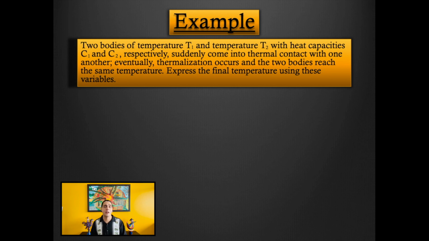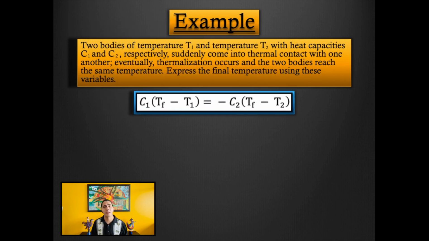So they want us to develop an expression that represents the final temperature in terms of T1, T2, C1, and C2. The way we solve this is by using conservation of energy. If I multiply a change in temperature by the heat capacity, then I get the change in energy. So whatever energy is lost by one object has to be equal to the energy gained by the other object.